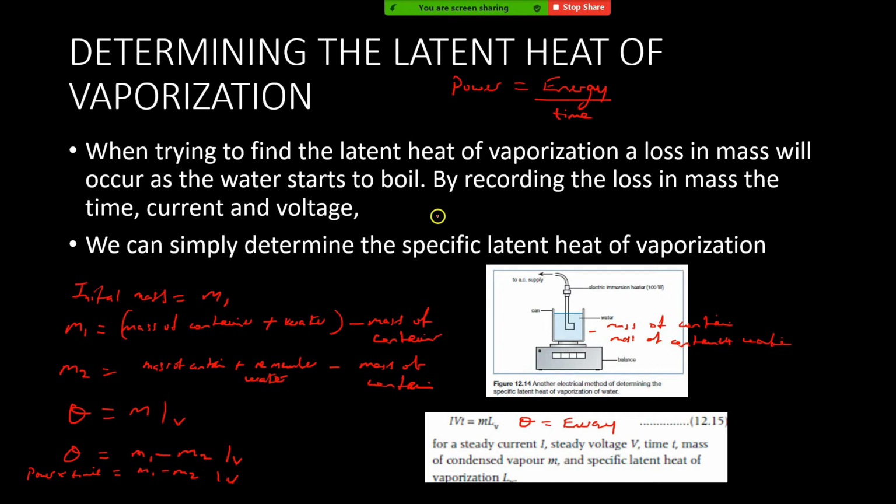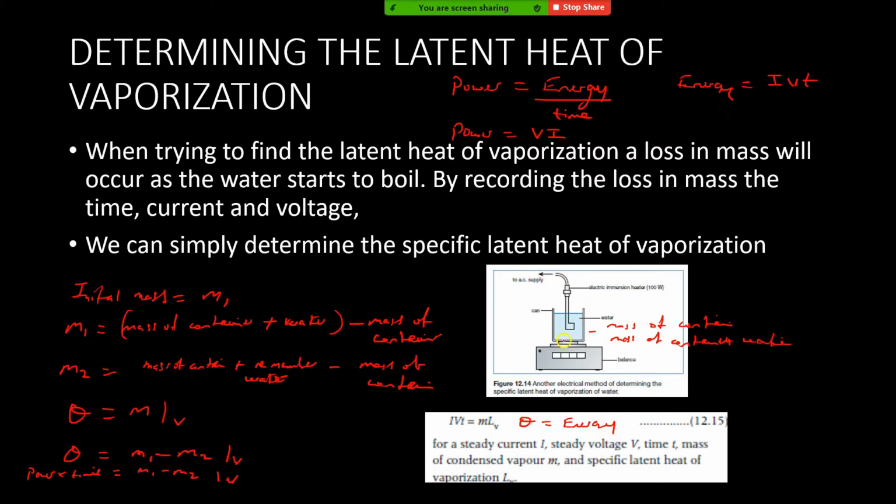Now, remember that power from an electrical standpoint is equal to V times I. So at the end of the day, we could simply write our energy as I times V times T, right? Or we could write it the other way around, but it doesn't matter. So this is the energy.